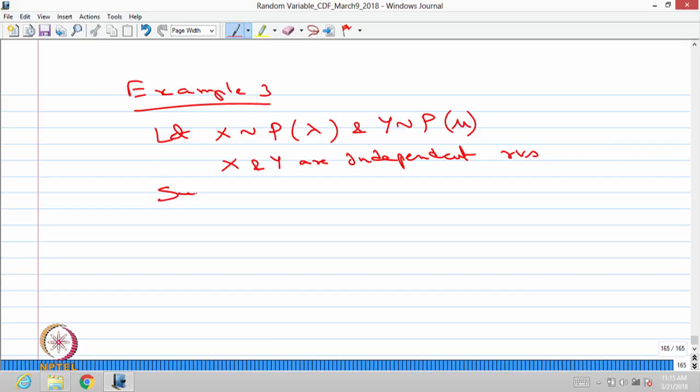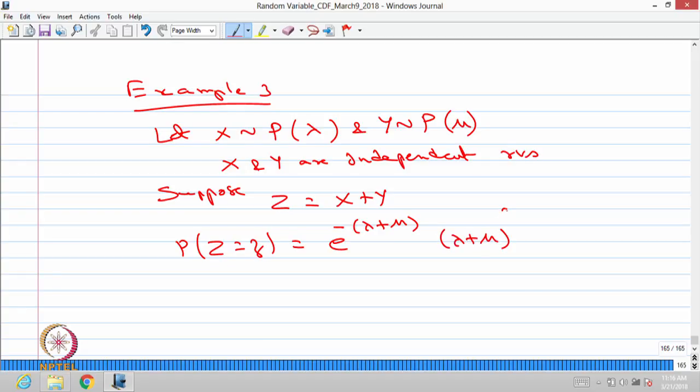Suppose I create a random variable Z = X + Y. With a similar derivation to what we have done for the binomial distribution, you can conclude the probability that Z takes a value z is e^(-(lambda + mu)) (lambda + mu)^z divided by z factorial, where z can take the value 0, 1, 2 and so on.